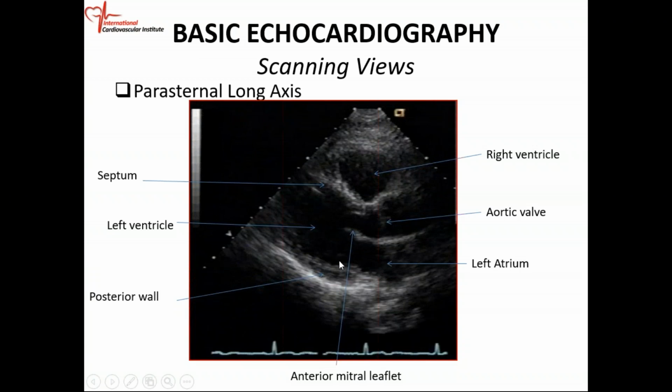It's diastole because the mitral valve is open, the aortic valve is closed, and on your ECG the marker is between the end of the T wave and the beginning of your QRS complex. So again, these are the structures you're going to see: the right ventricle, the aortic valve, left atrium, the mitral valve, the anterior leaflet, the posterior wall, LV cavity, and the septum.